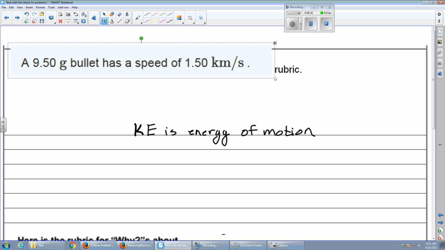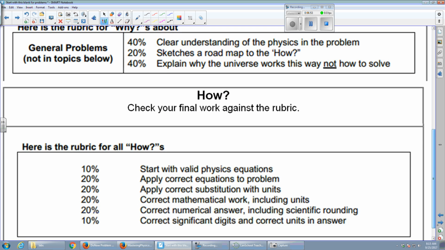I might make myself a little note: work in base units. But that would be more of a reminder to myself. The problem's really nothing about anything except what kinetic energy is.